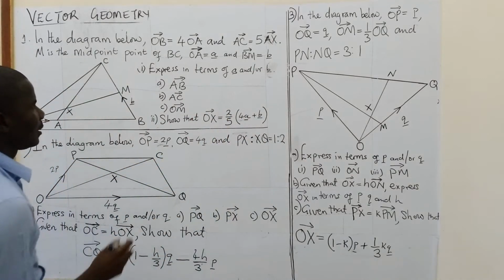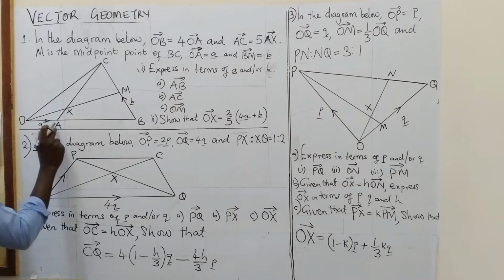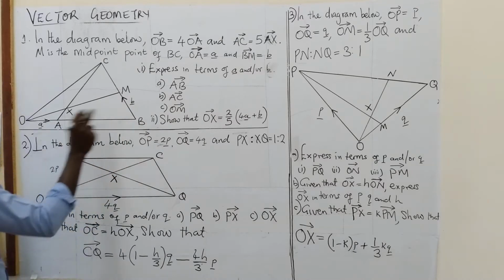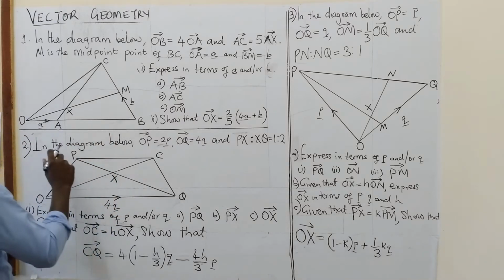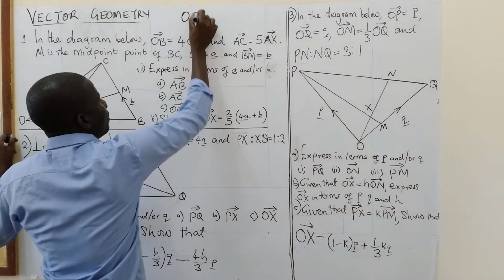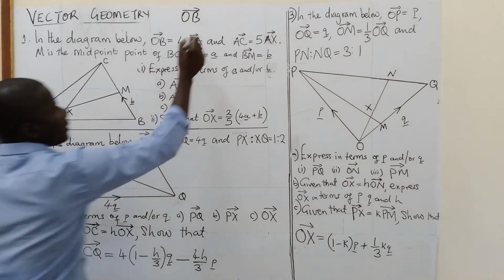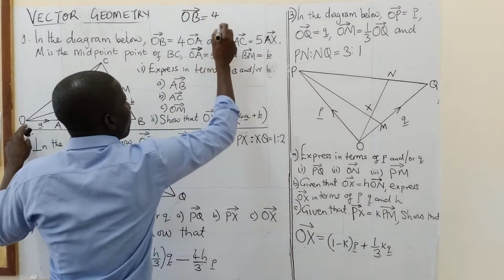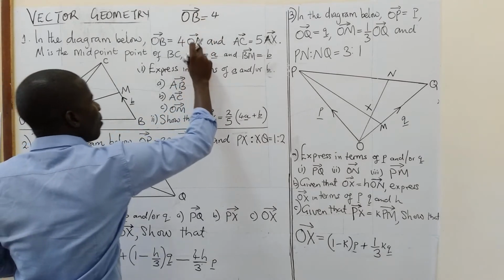What are we expressing? The first one that we want to express is AB. So we are told that the whole distance from O up to B, OB, is equal to 4 multiplied by OA.